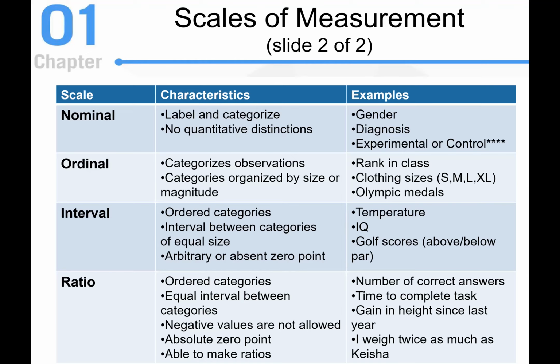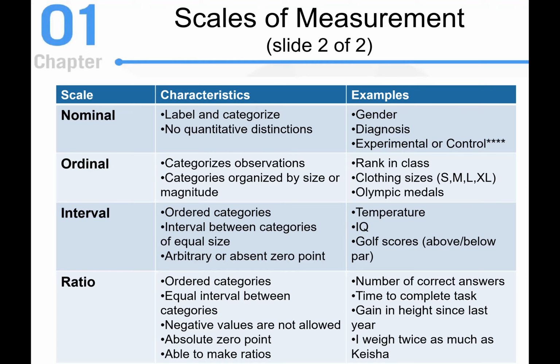However, with an ordinal variable, we can categorize things by their size or magnitude, essentially ranking them from least to most, from a little to a lot, and vice versa.